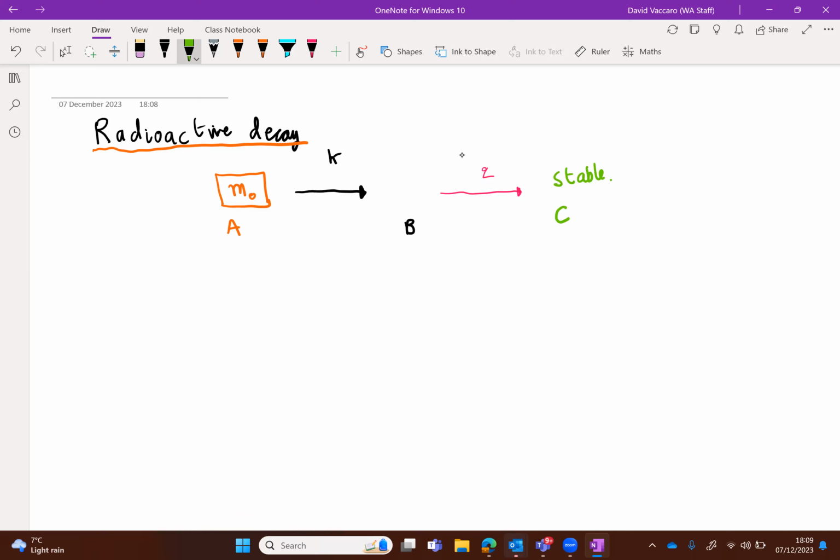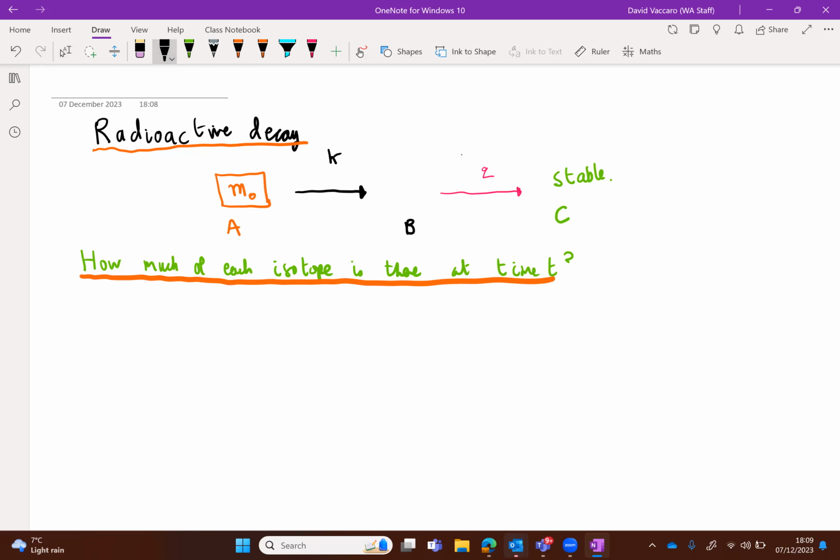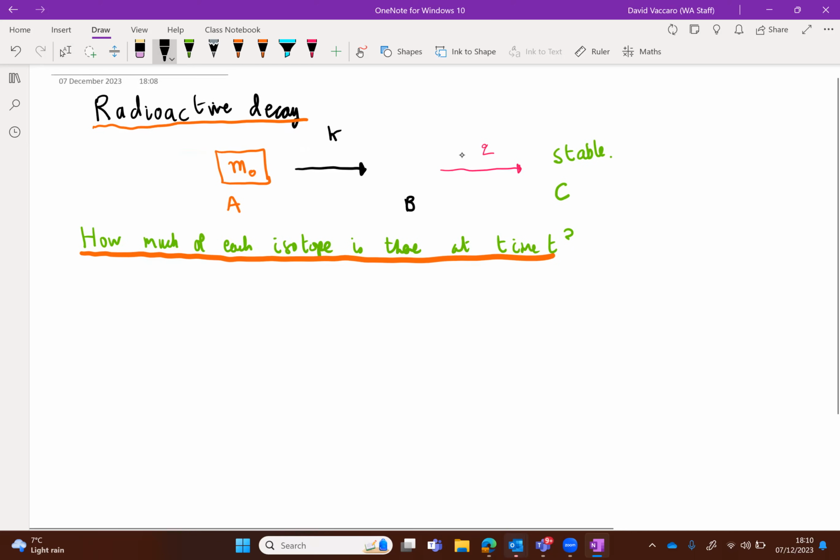My question is going to be, how much of each isotope is there at time t? So what we really need to do is write down differential equations for each of the amounts of the different isotopes.